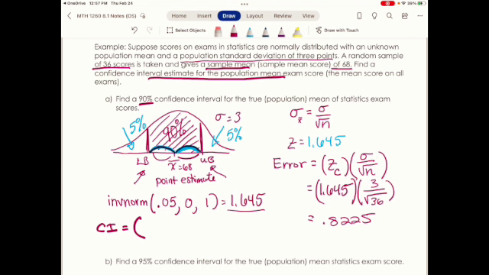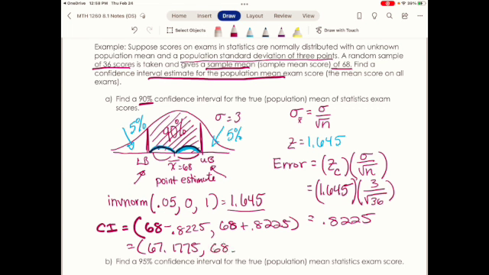So my confidence interval is going to be what I get when I take 68 minus 0.8225. That's going to give me my lower bound. And then I'm going to take 68 plus 0.8225. That's going to give me my upper bound. Okay, for my lower bound, I'm going to get 67.1775.